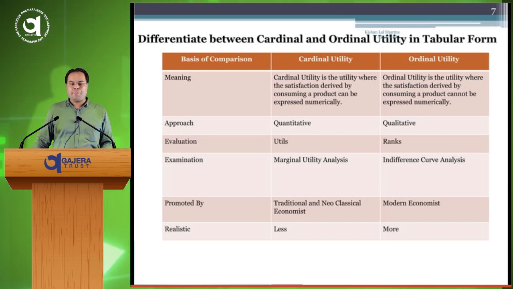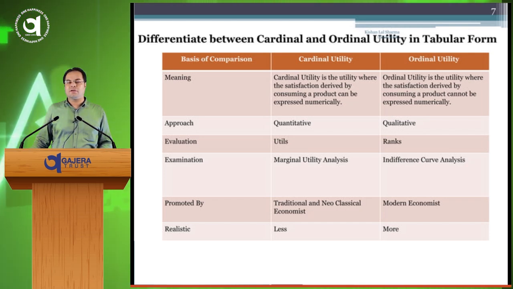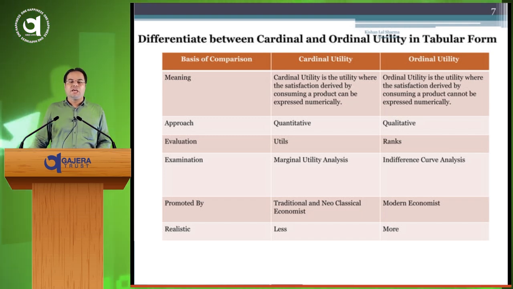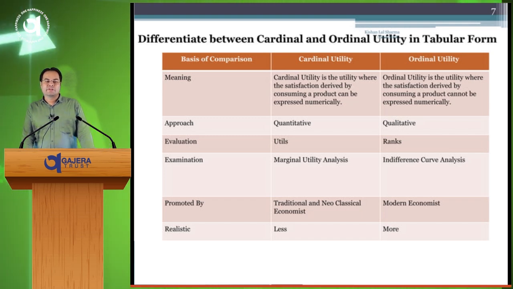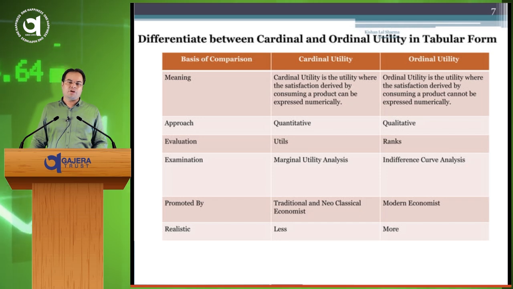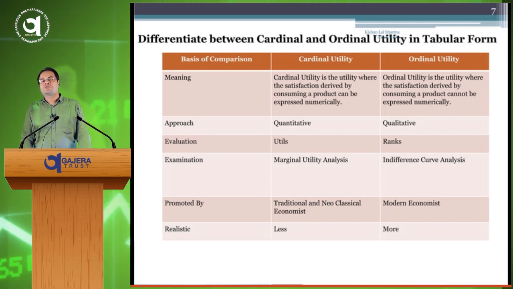And how are they promoted? They are promoted by traditional and neoclassical economists as cardinal utility, whereas ordinal utility is the modern concept by modern economists. And in real life, how can we apply them? In real life, cardinal utility is very rarely used. Why? Because you cannot always give a numeric value to a product.